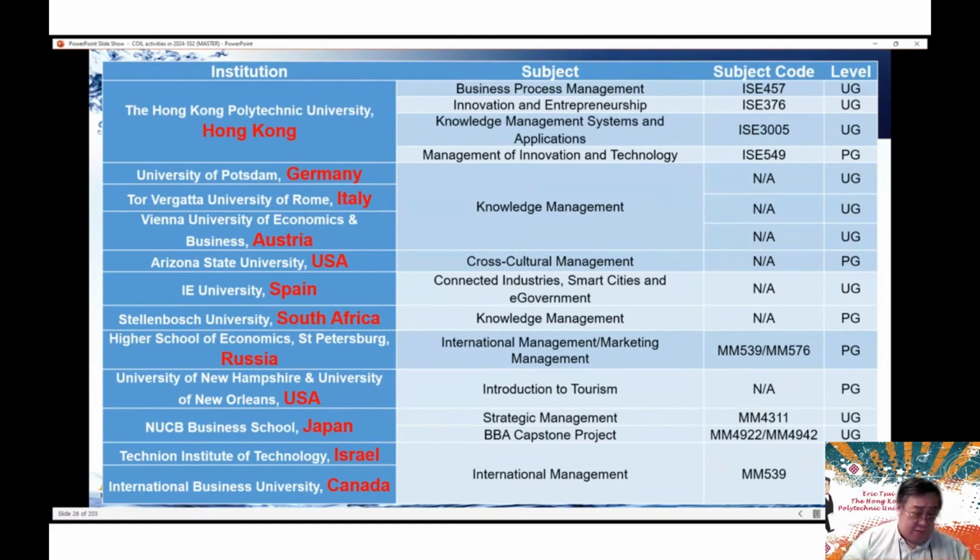The reason I can broker a COIL activity in subjects that are not my forte is precisely because I'm focusing on the intercultural element. Furthermore, you can look at the last column. I would say there's a good spread of undergraduate subjects and postgraduate subjects.